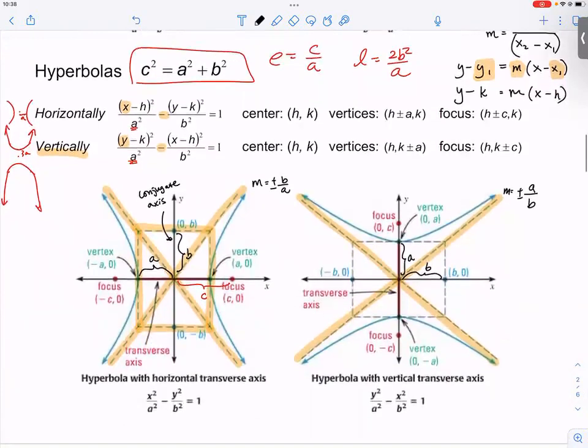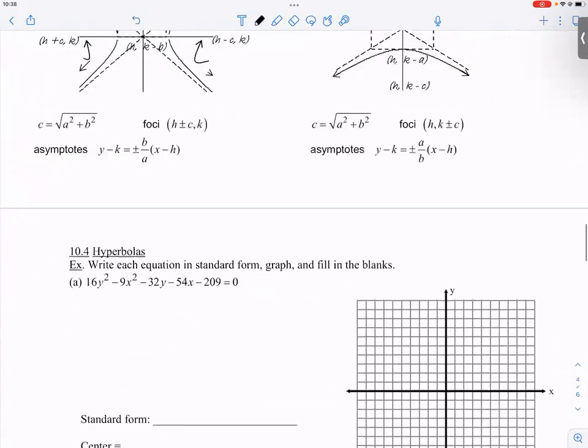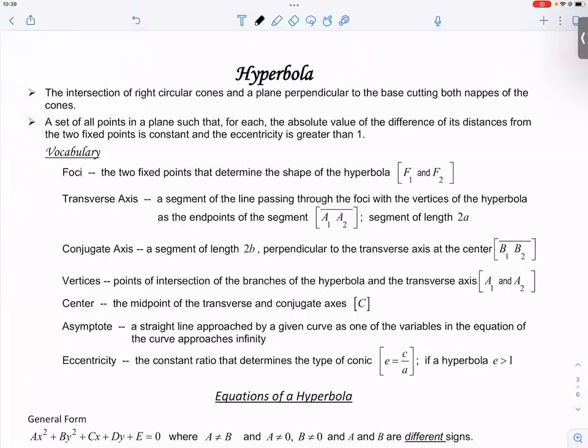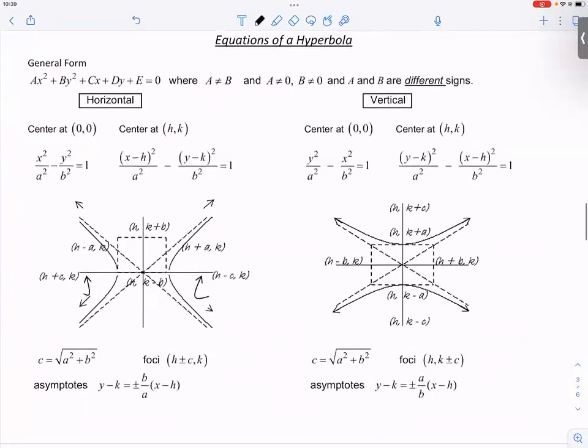Now, if you flip to the next 2 pages, you also, is it next page? You should see this one with hyperbola at the very top. Now, I want to address something because I realized something, it's printed incorrectly. Now, there are 2 diagrams at the bottom.